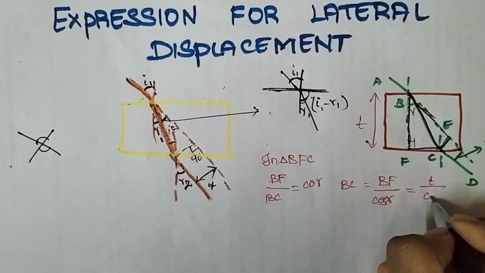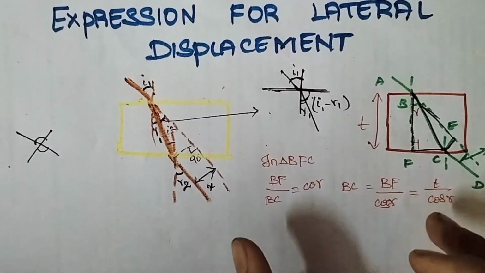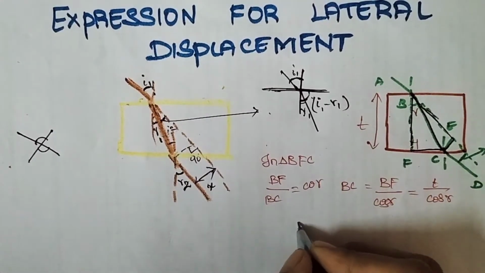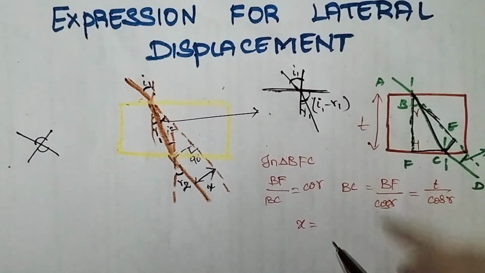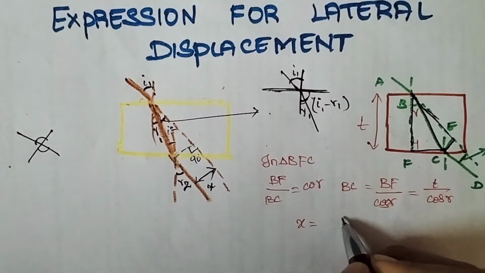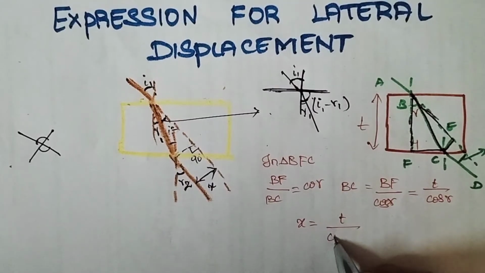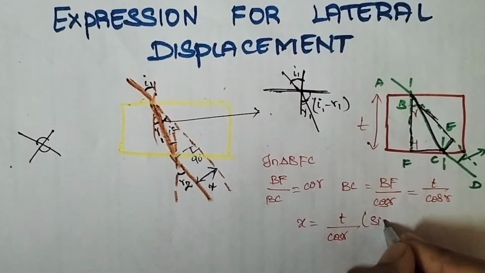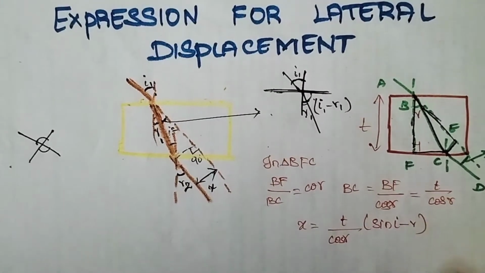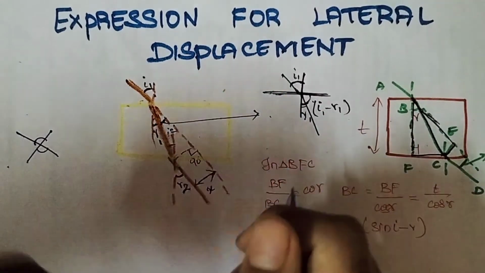So BC is T by cos R. Clear? Next, what is X? This is X. X can be written as BC sine I1 minus R1. How will you say this?